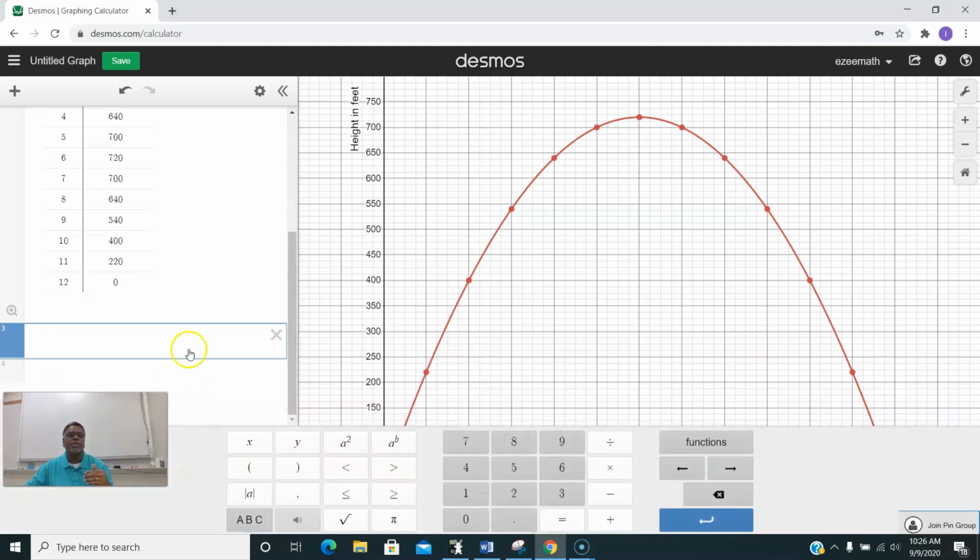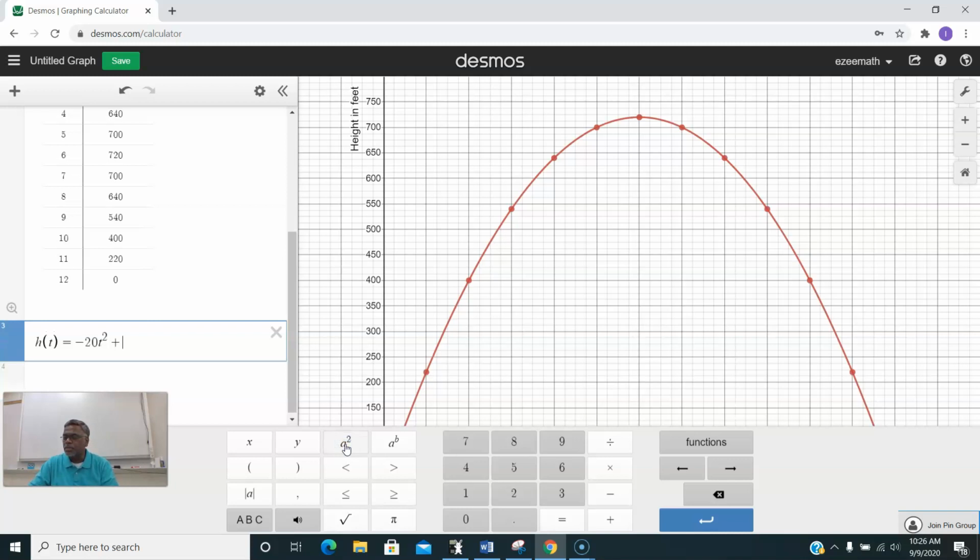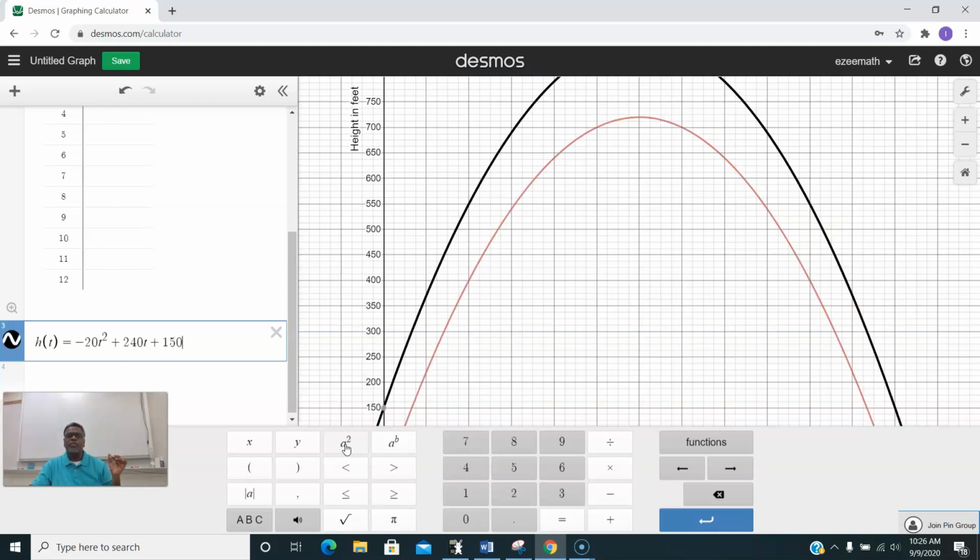Let me get that function here. Again, a new function, h of t is equal to negative 20t square plus 240t. And what's the height I said? They added a height of 150.